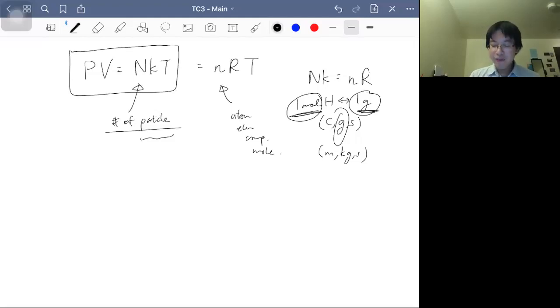Particle is any of the above. What do I mean? Anything that doesn't split up during the problem that you're concerned with is a particle. So an atom on its own can be a particle, or a molecule, let's say O2.